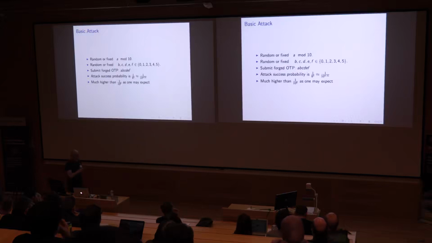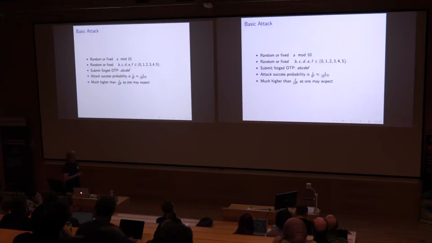Okay, now the attack against this is a basic attack, in some mathematical form. For the leftmost digit we take any number, which may be random or fixed, modulo 10. And for the remaining 5 digits, we take numbers from 0 to 5 to increase the probability of guessing.